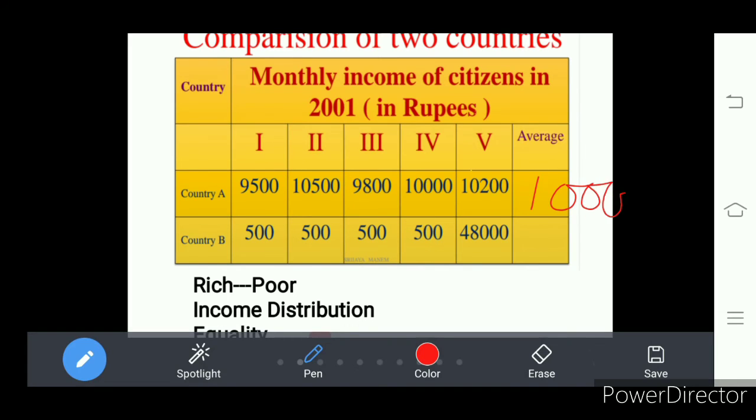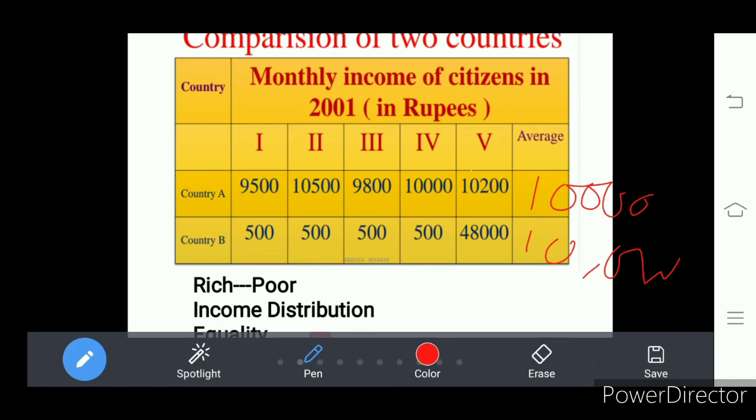So what is the average income, that is per capita income, of country A and country B? It is 10,000, right? So 10,000 is the average income of both the nations. So it is per capita income, what we call, right?